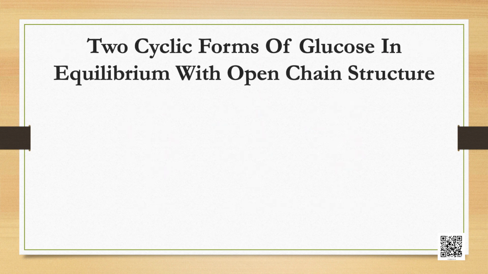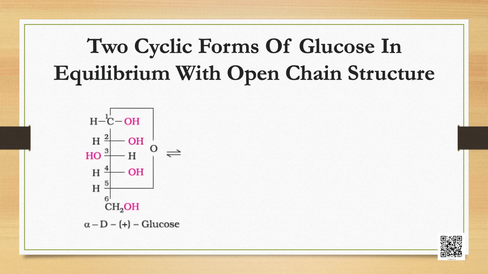The structure first of glucose explained most of its properties, but some reactions and facts could not be explained by this structure. First, despite having the aldehyde group, glucose does not give Schiff's test and it does not form the hydrogen sulfite addition product with sodium bisulfite.